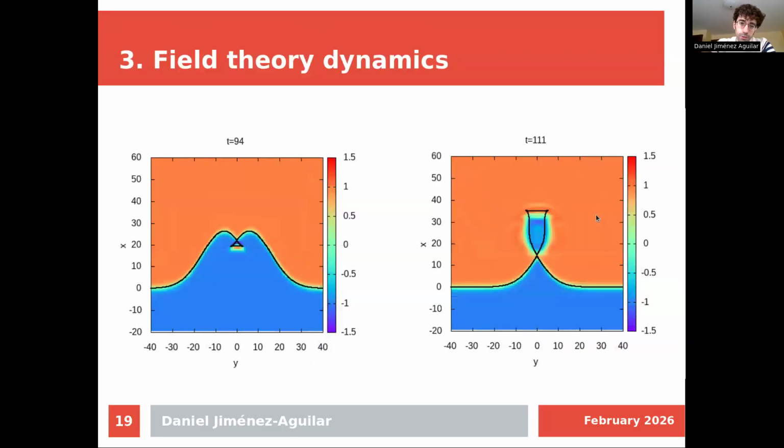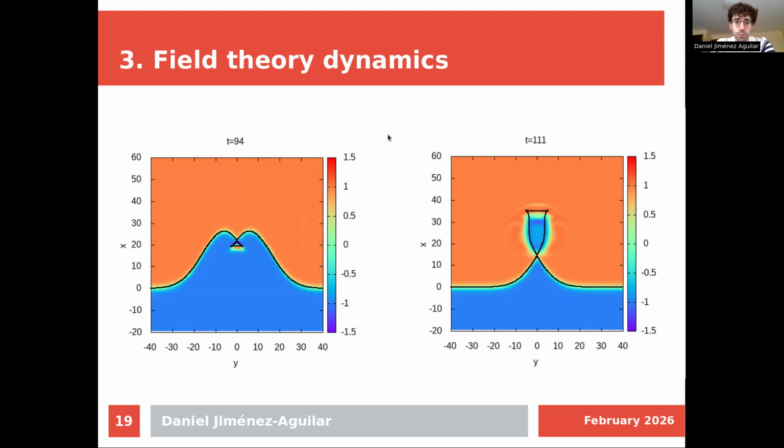The first thing I want to point out is that the Nambu-Goto action closely resembles what the field theory action dictates. In particular, we see that in field theory, we also have this cusp formation and swallowtail emergence.